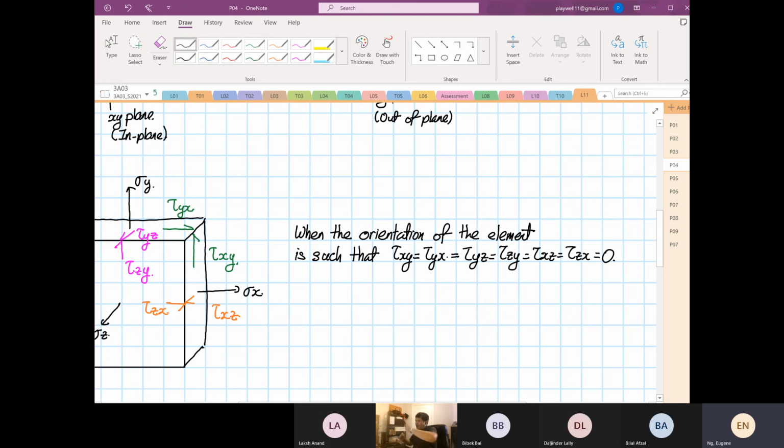I.e., there's no shear component over here. Everything is equal to 0.